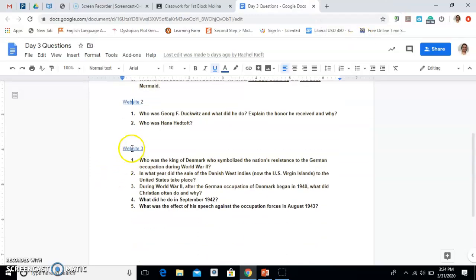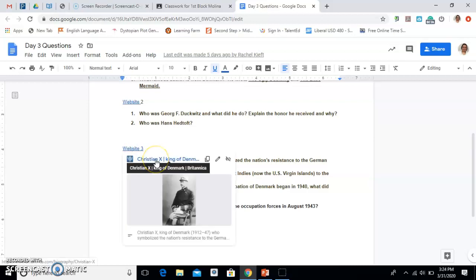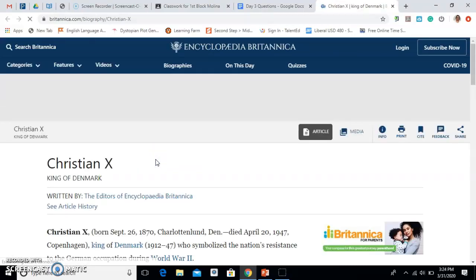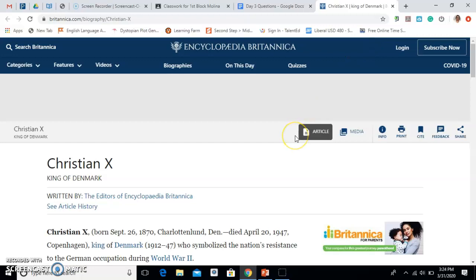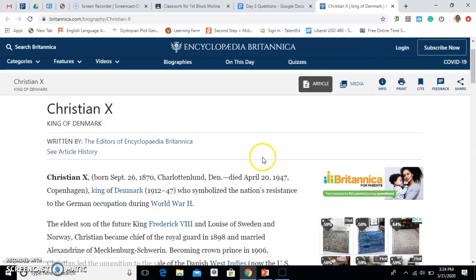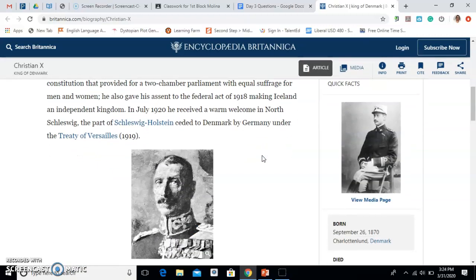And then last but not least is website 3. So you'll click on website 3 and it'll take you to the Encyclopedia Britannica, which is talking about Christian X, which was the king of Denmark during World War II. Close out any pop-ups that you get because you don't need to do them. This article is a very small read.